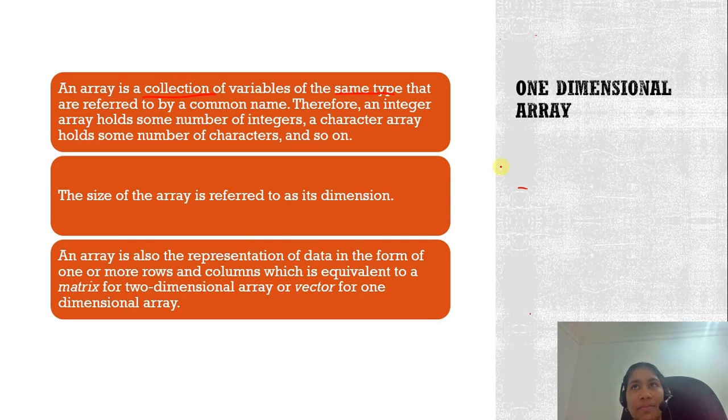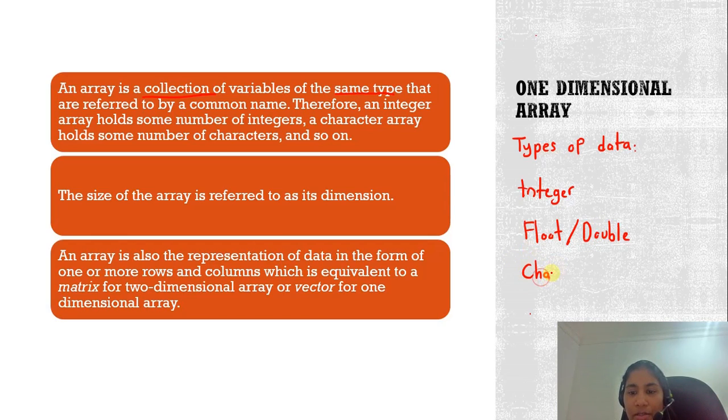We learned in chapter 2, basic introduction to programming, what the types of data are, if you can recall. So you have integer, and then you can have floating point or float, or you can have double. These refer to values that have decimal places. And then you have character.